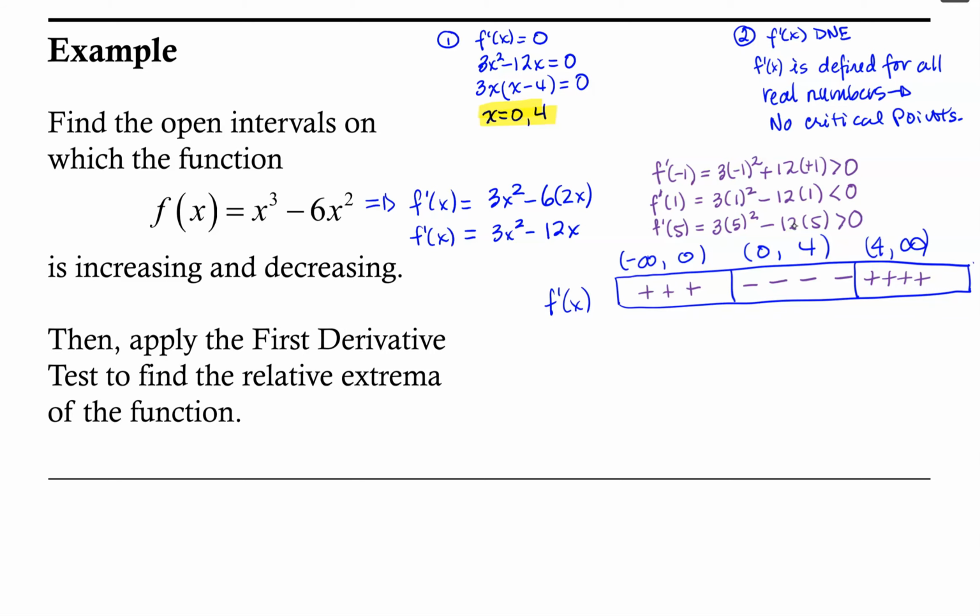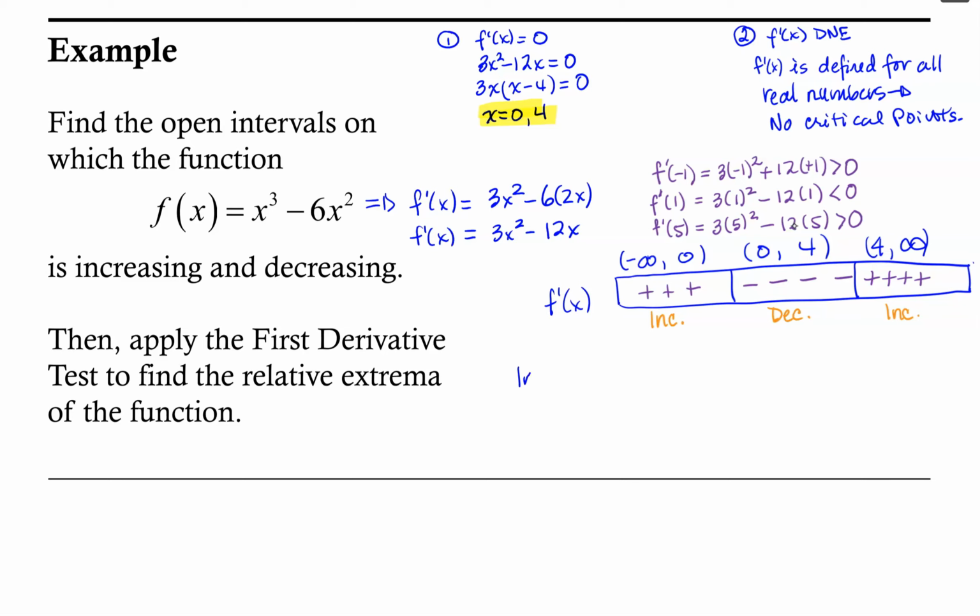Now keep in mind that on the intervals where the derivative is positive, my function is increasing. So from negative infinity to 0, and then from 4 to infinity. And then on intervals where my derivative is negative, my function is decreasing.